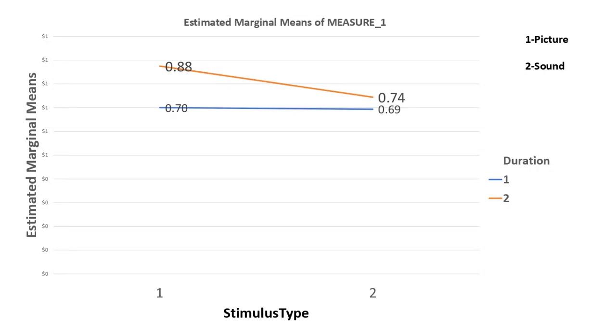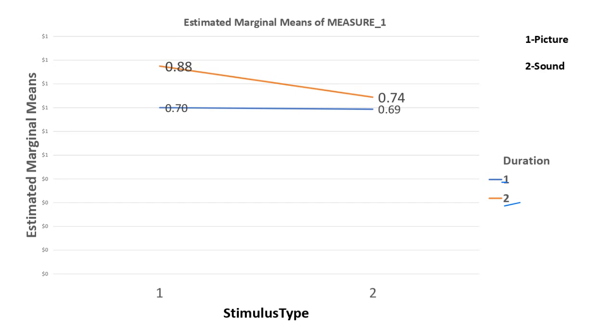It might have been better if I put duration on the x-axis. But anyways, the blue line represents duration. This is 1 second, here's 1 second. And here is 2 seconds. So the orange line represents the 4-second duration, sorry. So orange is 4 seconds, and the blue line represents 1 second.